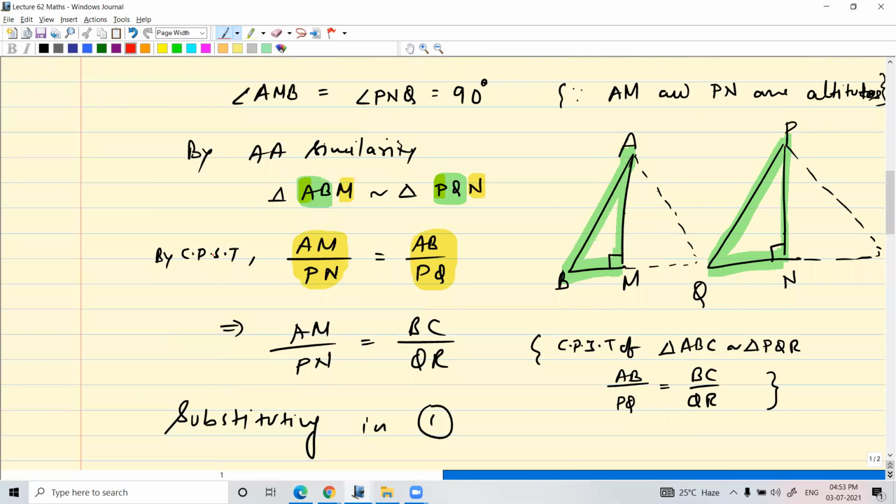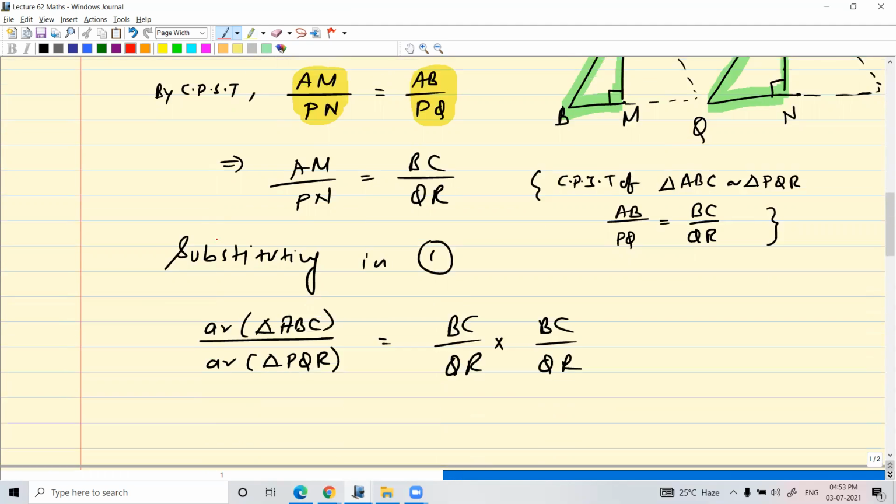Fine. So there are two things you should remember from this proof.